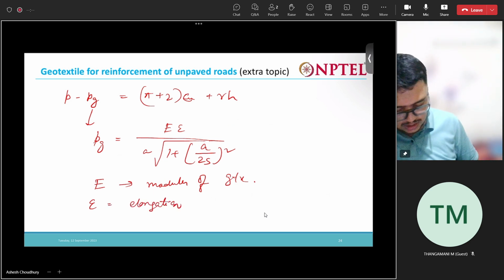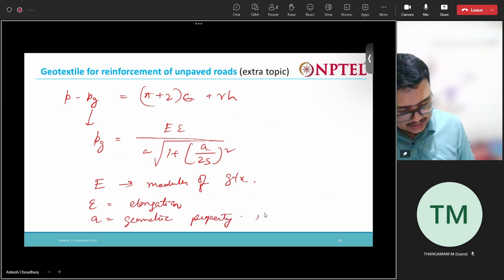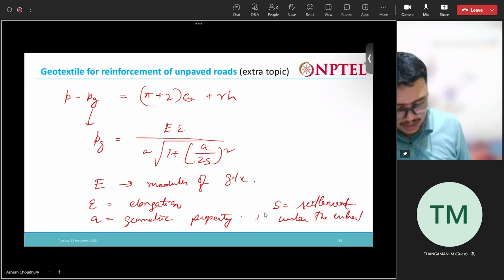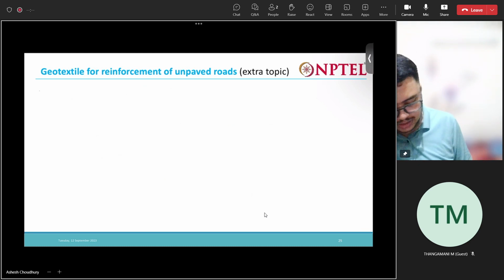Alright, what is A? Geometric property. What is S? S is the settlement under the wheel. Now if you do all the equating, you will get the final expression as this.